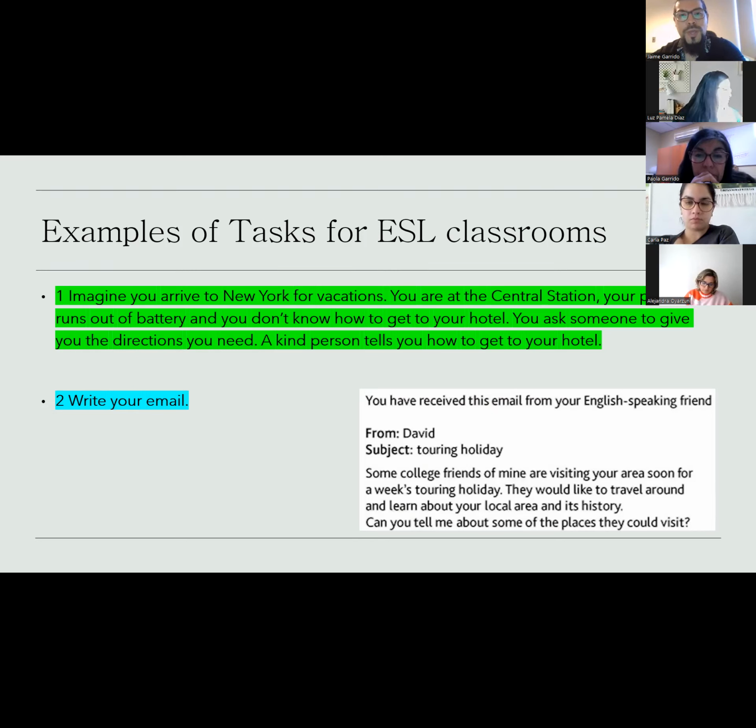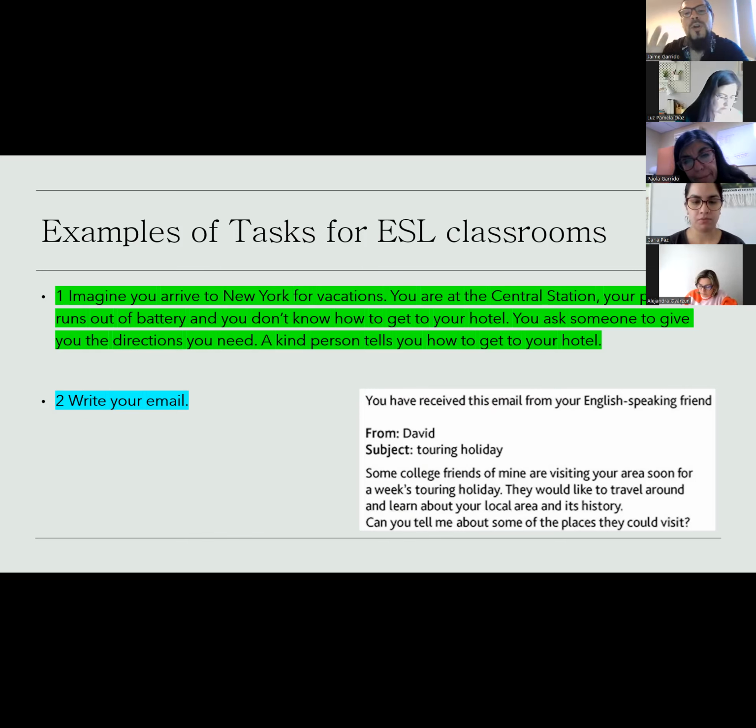Okay, and in number 2, we have another example in written form, and this is part of a Cambridge exam. I guess it's FCE or PET, I don't remember. But it's a task. You have received this email from your English-speaking friend, and your friend is asking, can you tell me about some of the places I could visit?